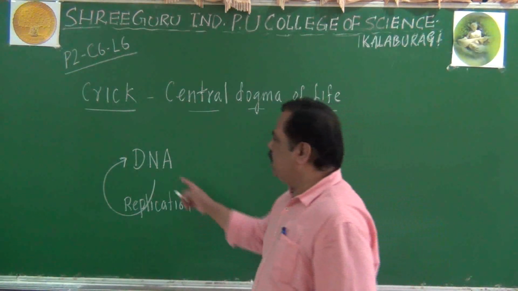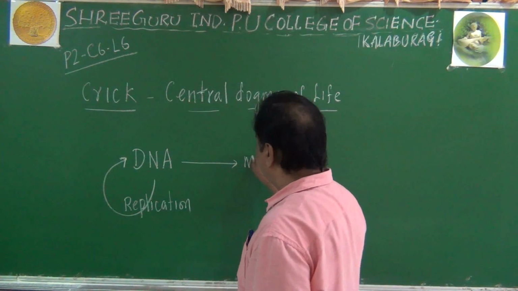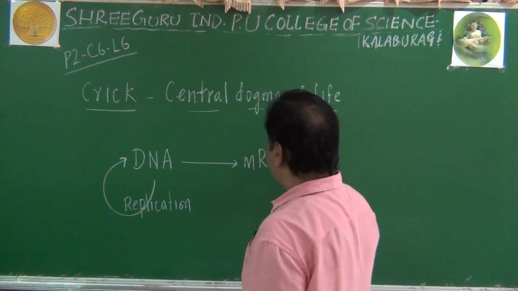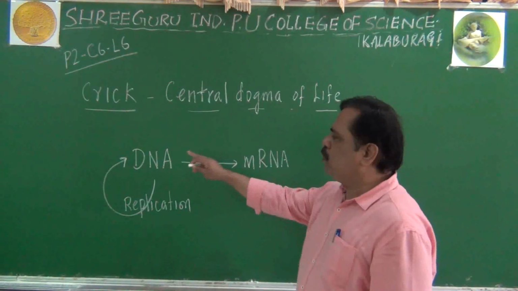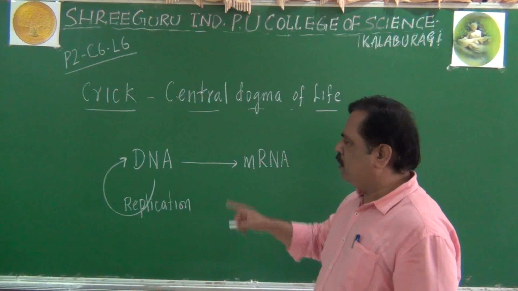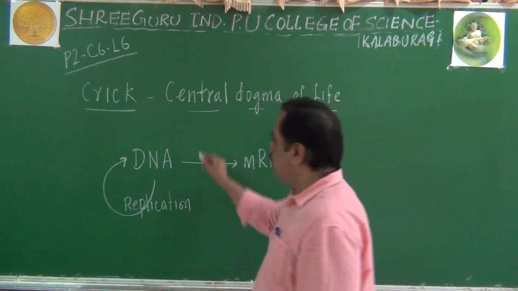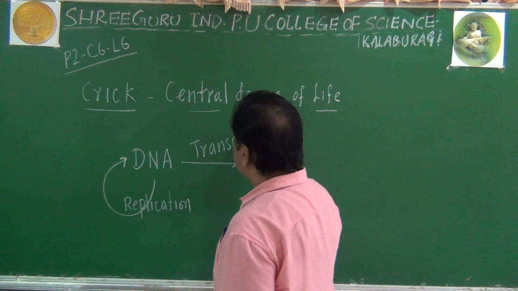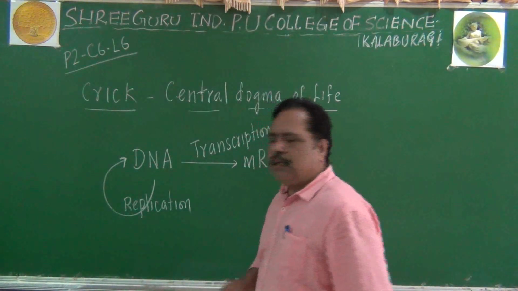The same DNA will also be able to produce RNA or mRNA. All three types of RNAs are produced from DNA only. This process of forming RNA from the DNA is called transcription. Remember this process is called transcription.